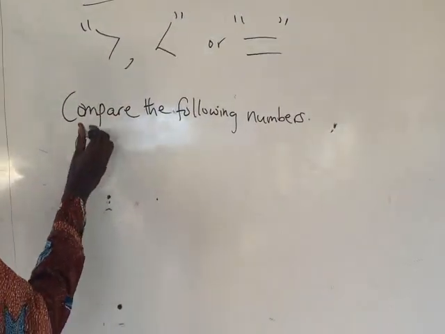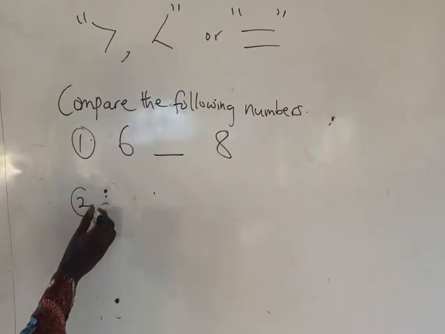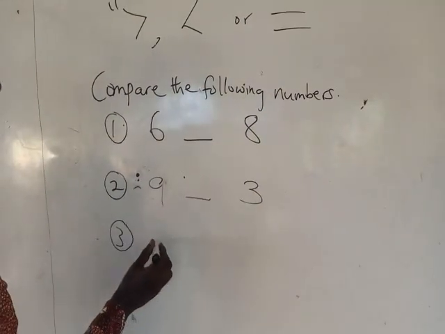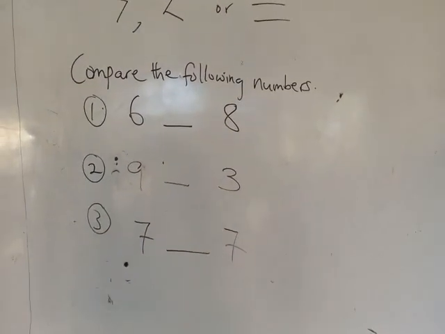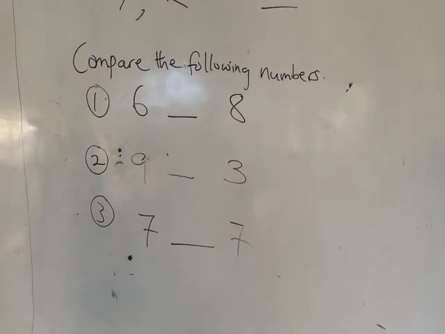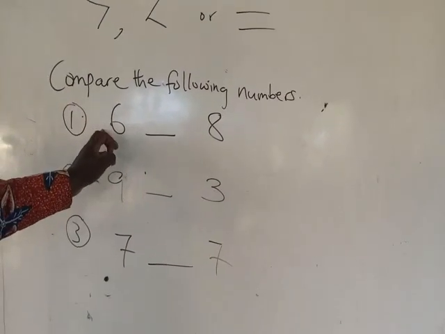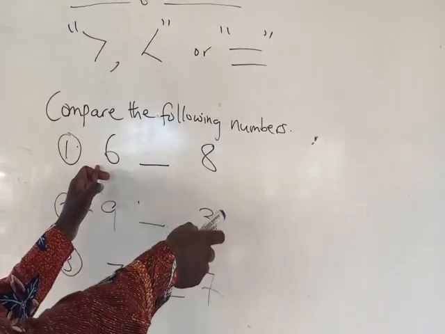We have 1, 6, 8, 2, 9, 3, 7, 7. I have given you 3 questions here, and now we are having 6 at the left hand side and 8 at the right hand side.